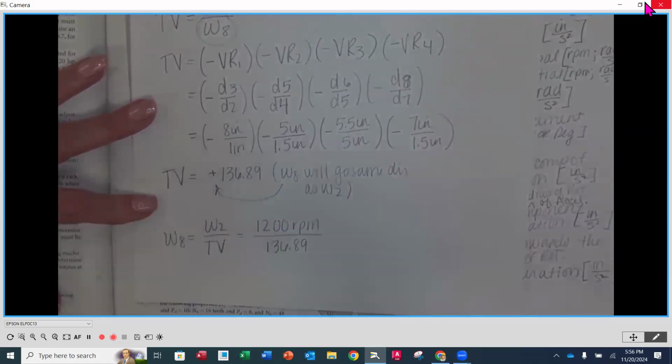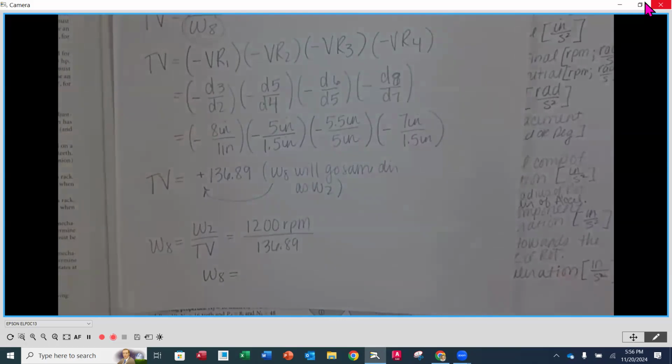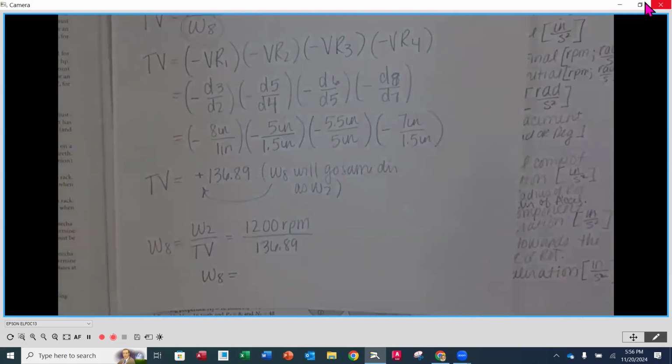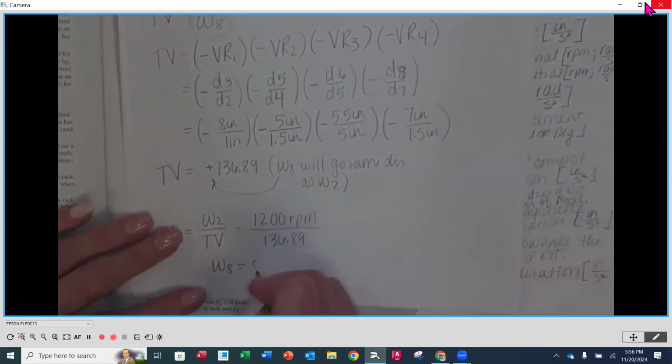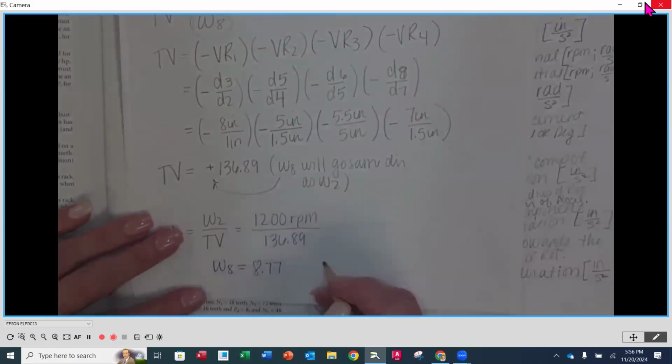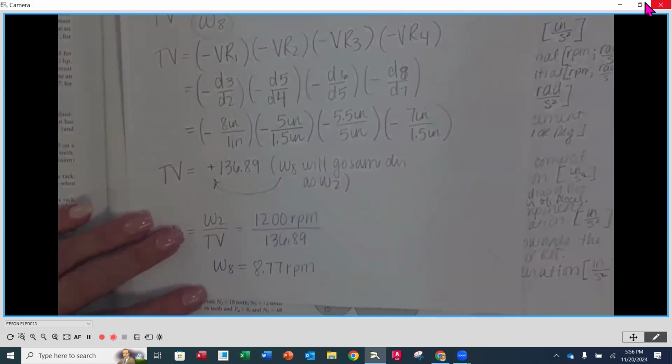And it's a positive value. So we don't have to add a negative there. So our W8 should come out to be, and please do verify this, 8.77 RPM. And then it's going to be counterclockwise, which is in the same direction as W2.